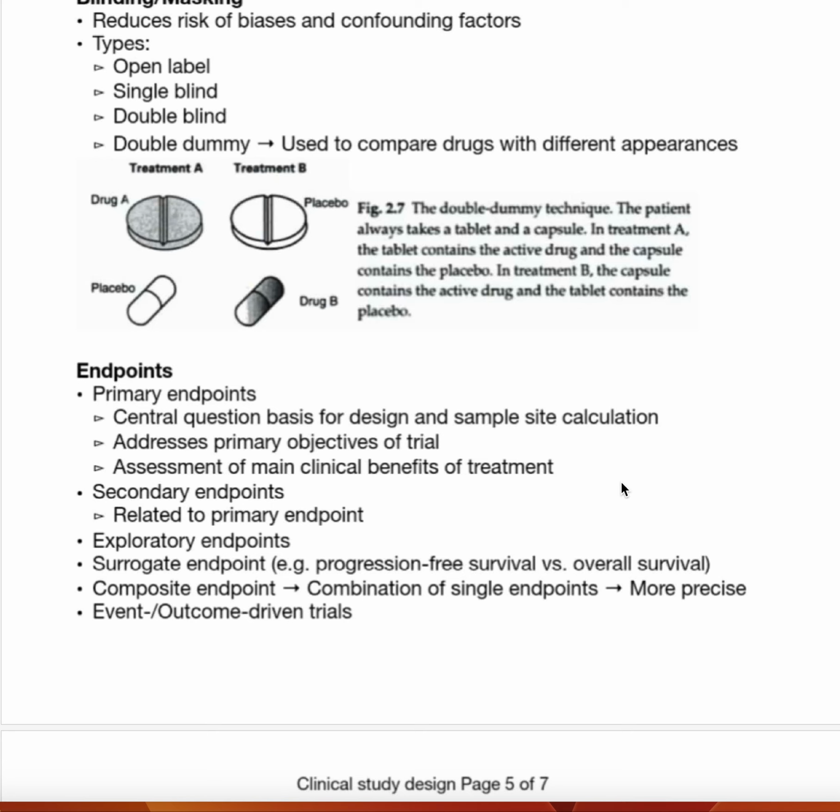And there is something called the surrogate endpoints, and we want to know what a surrogate endpoint is. Actually, the surrogate endpoint is like a prediction or expectation of how it affects real-world health.